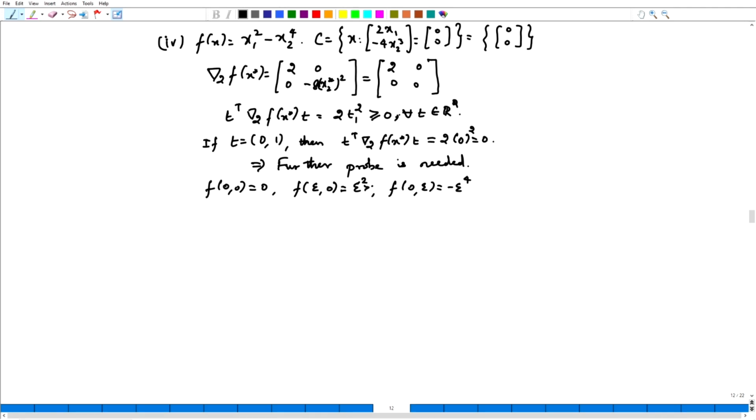So, the first is greater than 0, and f(0, epsilon) equal to minus epsilon to the power 4 is less than 0.